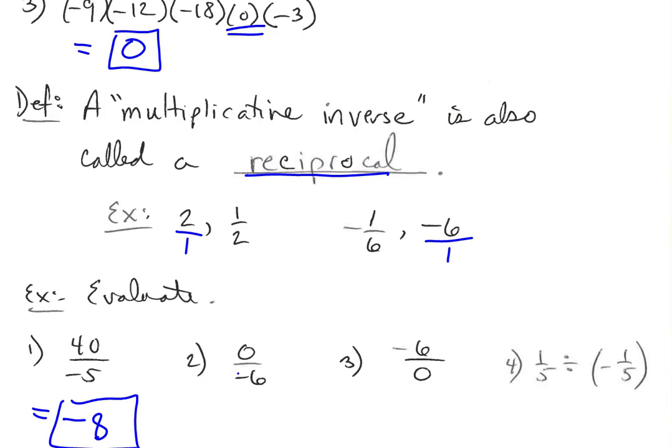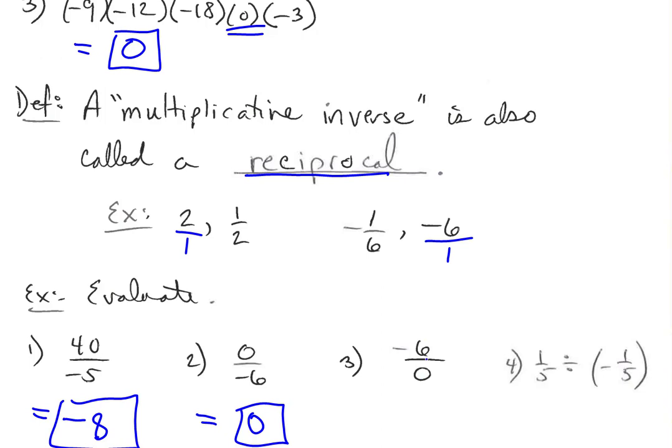For our second example here, we have 0 over negative 6. Well, anytime you're dividing 0 by a number that's not 0, so 0 over anything else besides 0, the result is going to be 0. In contrast to that, the third example has negative 6 over 0. So notice the difference between these two examples, numbers 2 and 3 here. In number 2, we just did, the 0 is on top.